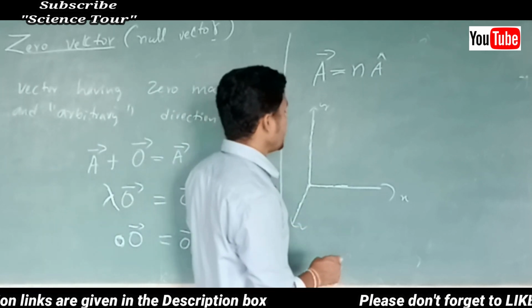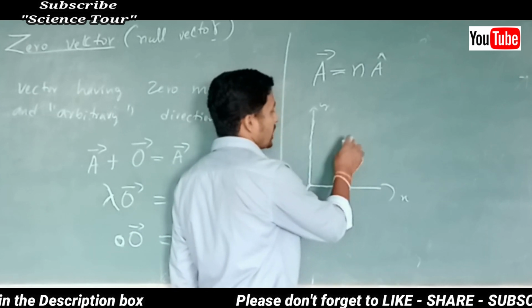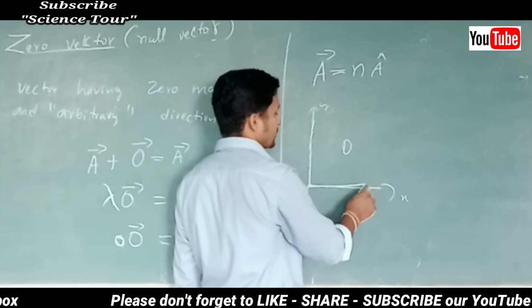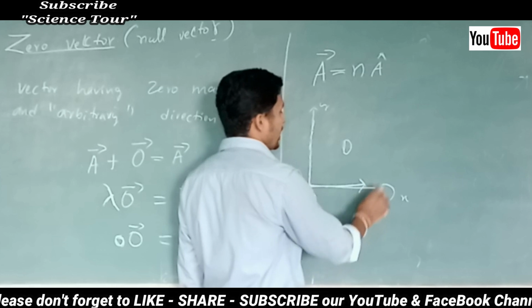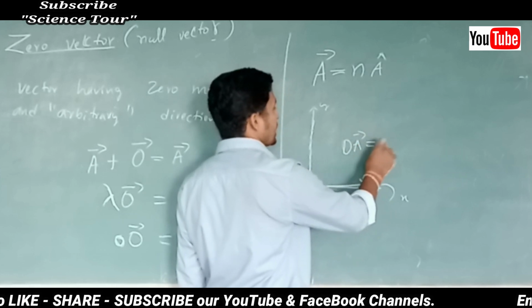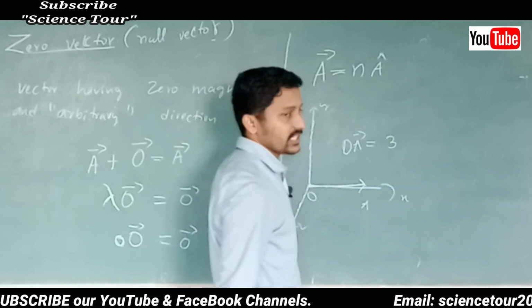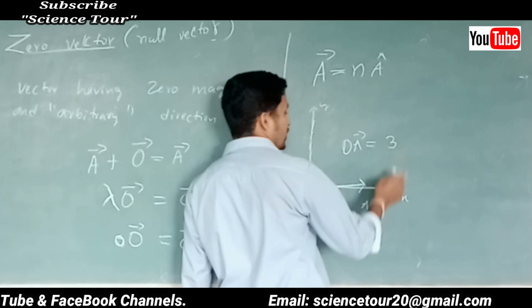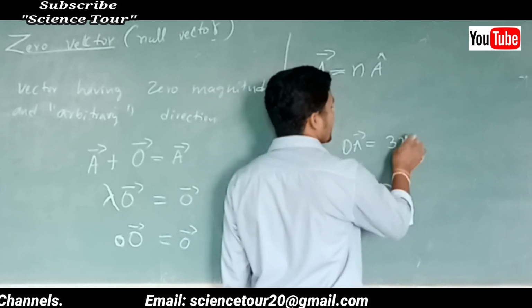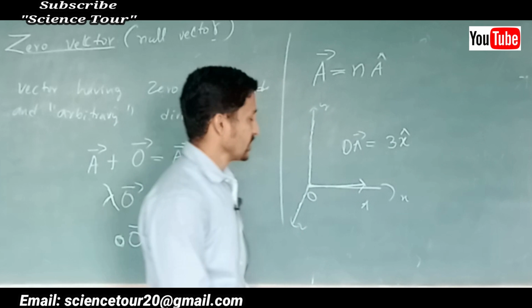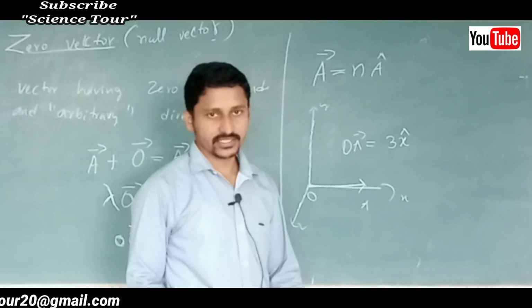Now I am going to write down displacement OA. OA vector is 3 times in the x direction.